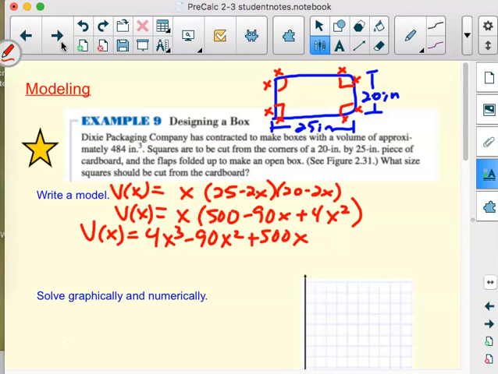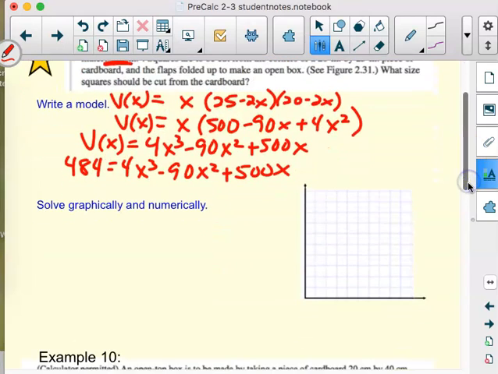And that last piece is, they did tell us they want that volume to be approximately 484. So we have this, and we have a choice here about how we can actually find the solution.